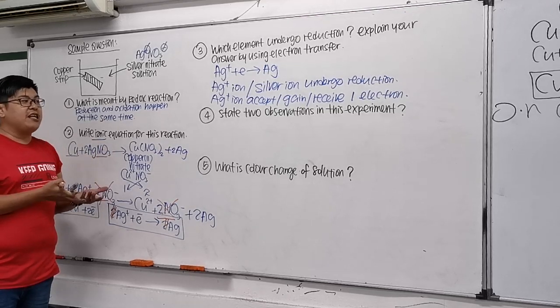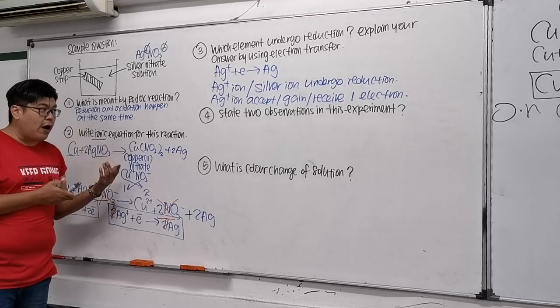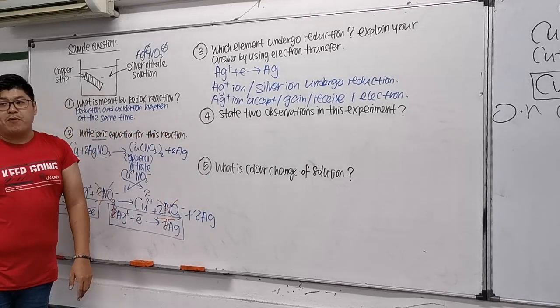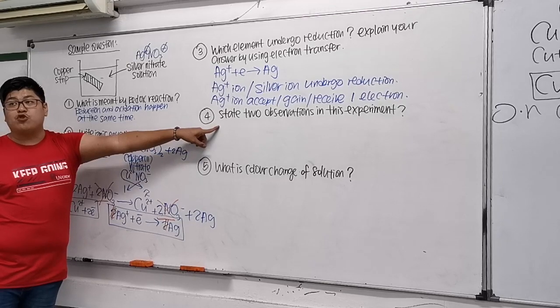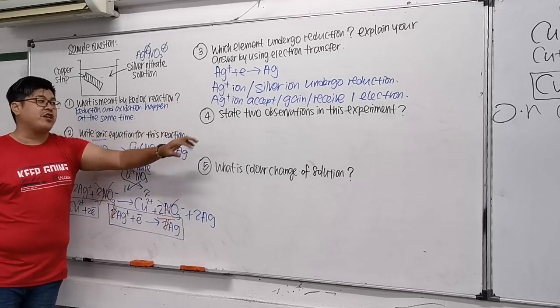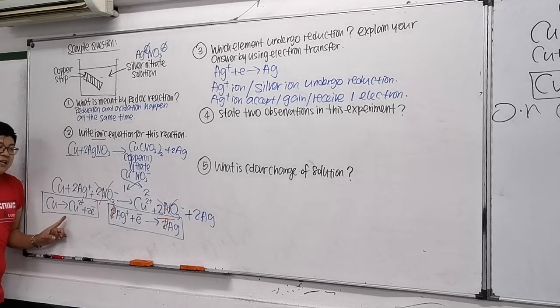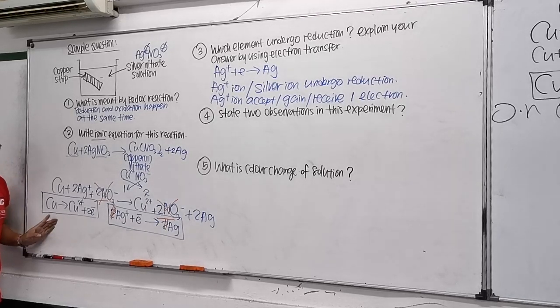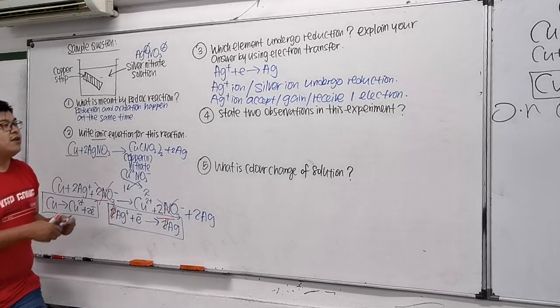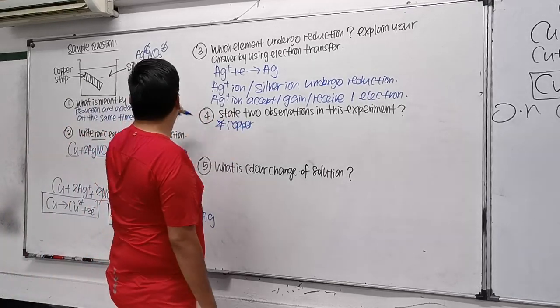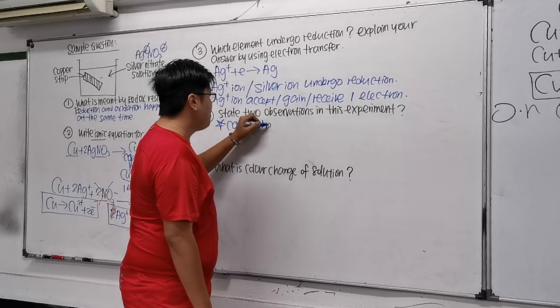It's something we learned early on today. Okay, next one. Tell me 2 observations in this experiment. For observations, it's always good to refer to your half equation. Your half equation number 1, Cu becomes Cu2+. When metal becomes ion, it means dissolve. So you will see the copper metal, or copper strip, dissolve.